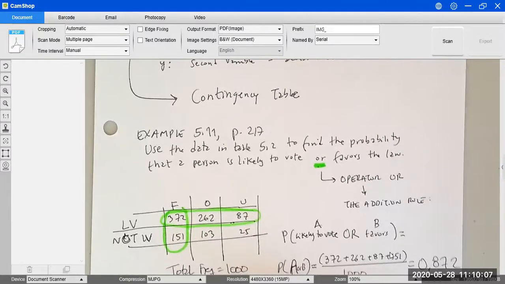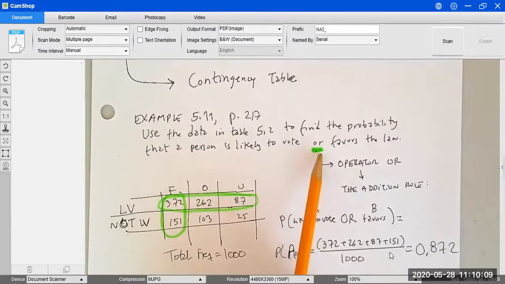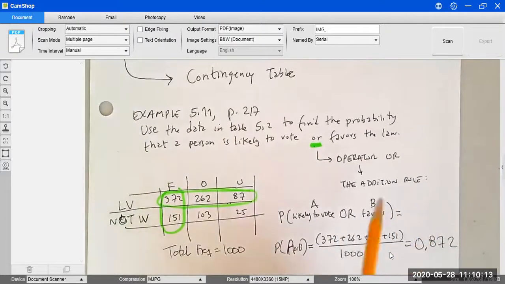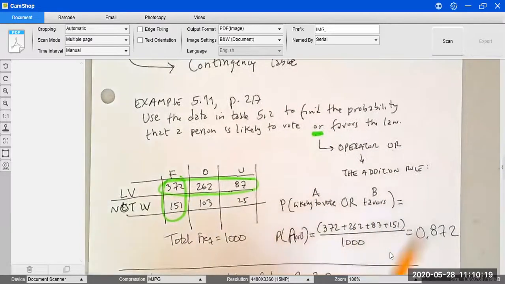So again, I just wrote here for you the operator or. Anytime that you see the operator or, then you're going to need the addition rule. So the addition rule is just, as I mentioned before, you are adding the frequencies that are in favor of each of these two events.